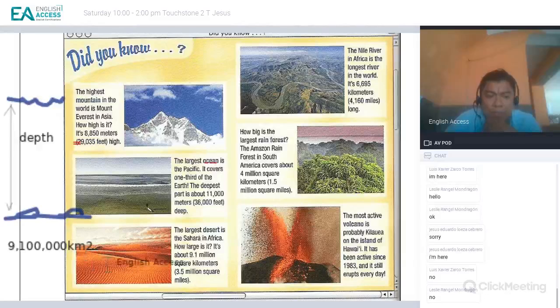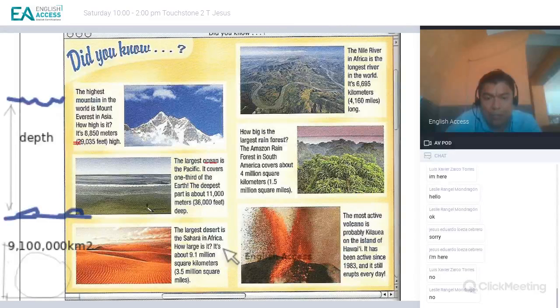Do you remember how to get this measurement? Okay, let's imagine this is the Sahara Desert. Okay? So we take the measurement, the square measurement, by measuring how long and how wide: A times B. Remember? And we multiply these numbers.